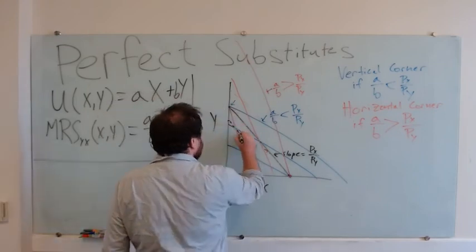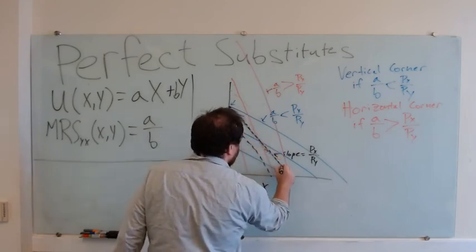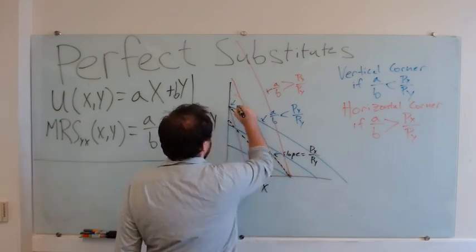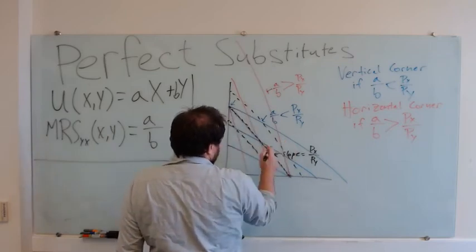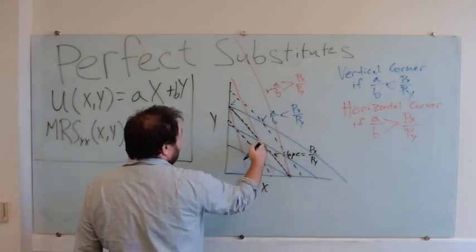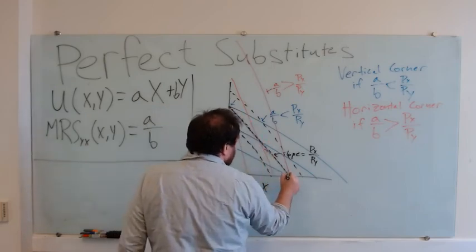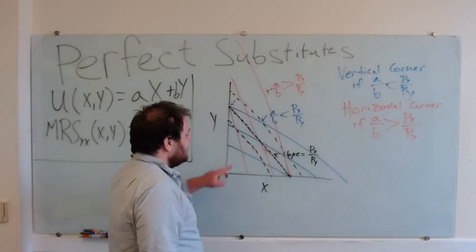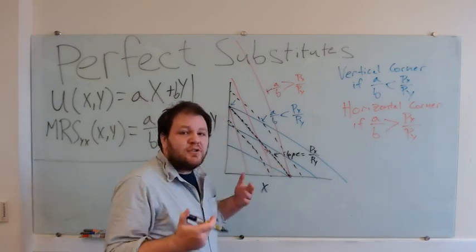In this case, what we're going to say is that every point on our budget constraint is on the same indifference curve. Everything better is not feasible. Everything off of our budget constraint is, of course, worse. So it won't actually matter which of these points we choose. Every single one of them is just as good as any other.